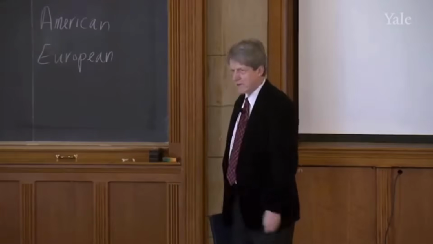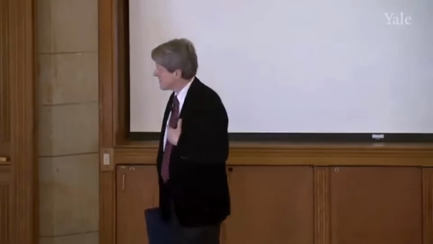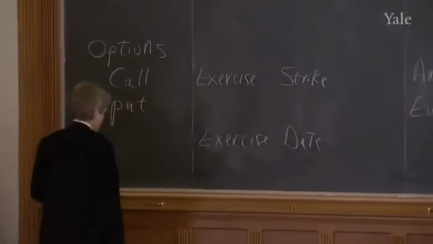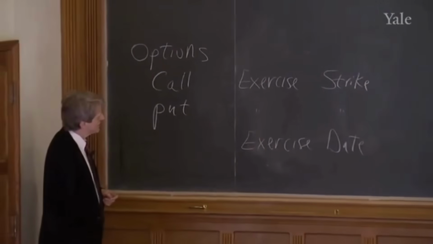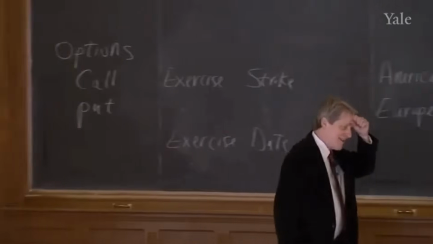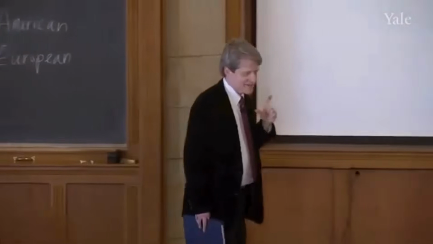Usually when we talk about options, we're talking now about options to buy a share of stock or 100 shares of stock. And that's the usual example, but they occur all over the place. Let me mention some other examples of options. The usual story is the stock option.